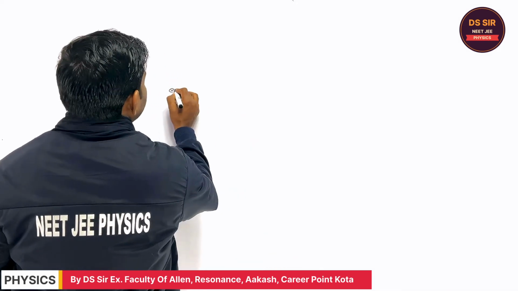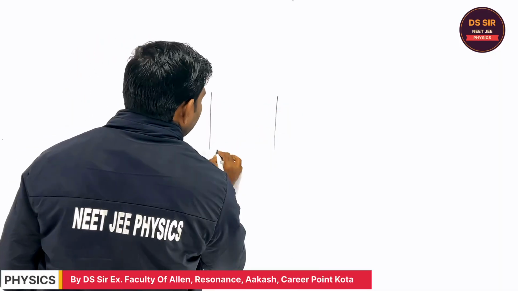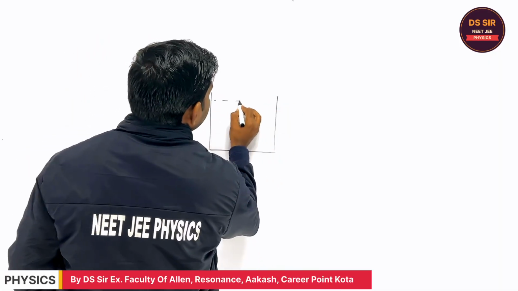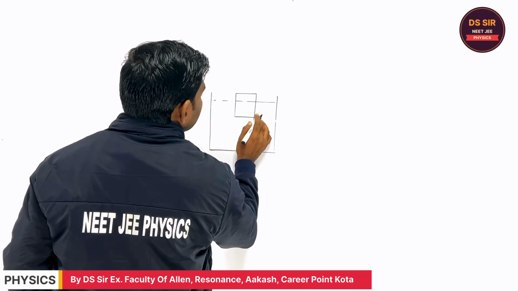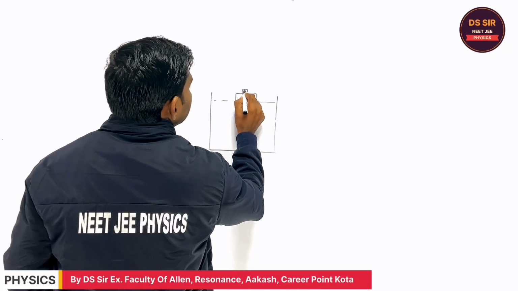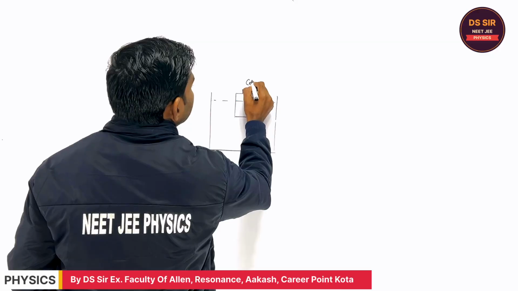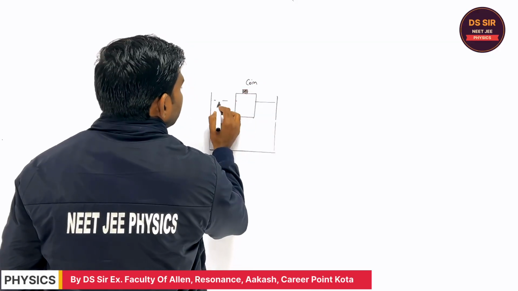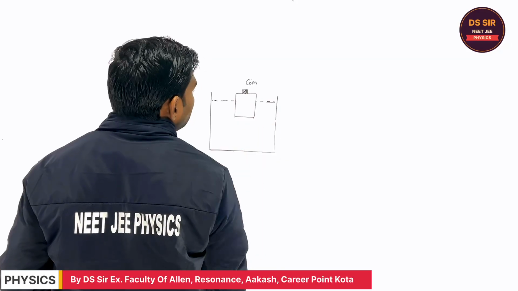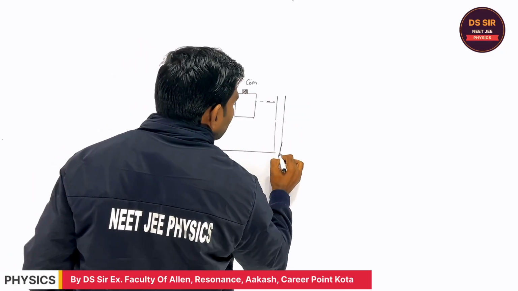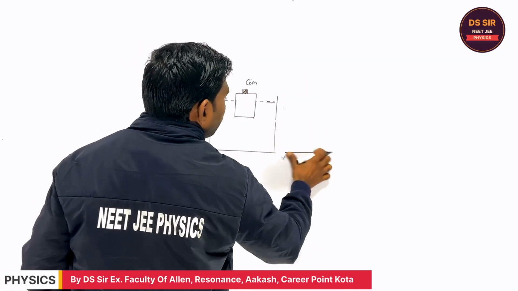So this question may be asked like this. For example, there is a body which is floating like this, and there is a coin. This is the coin, inside the body like this. If this coin is dropped into the water, tell me what will happen to the level of water.